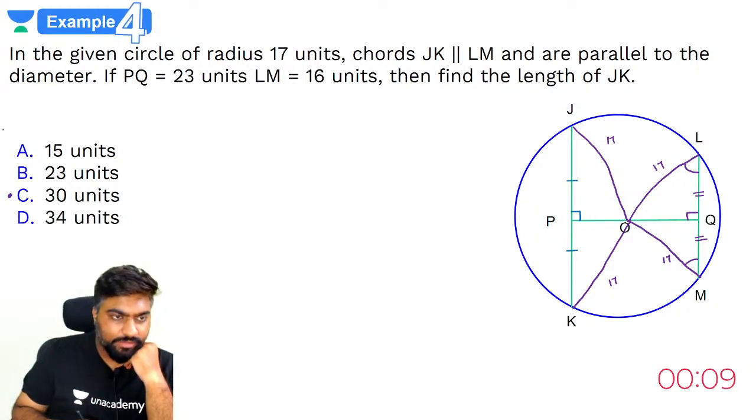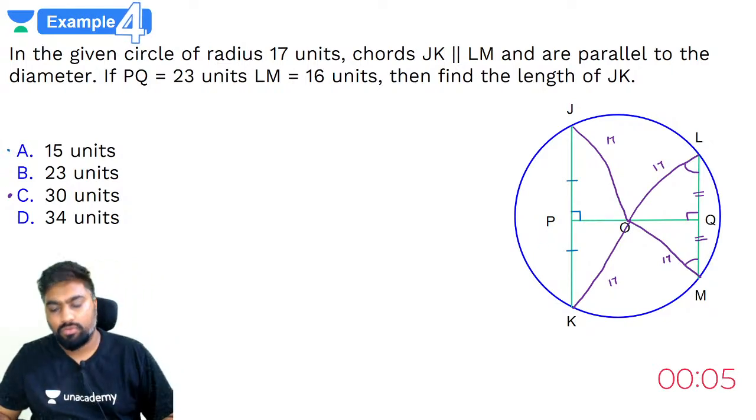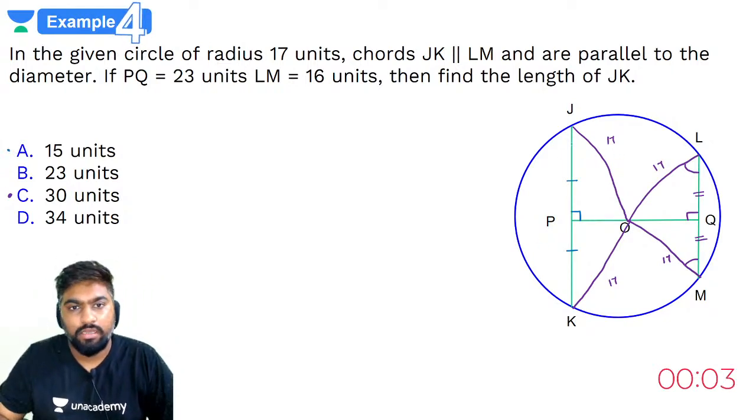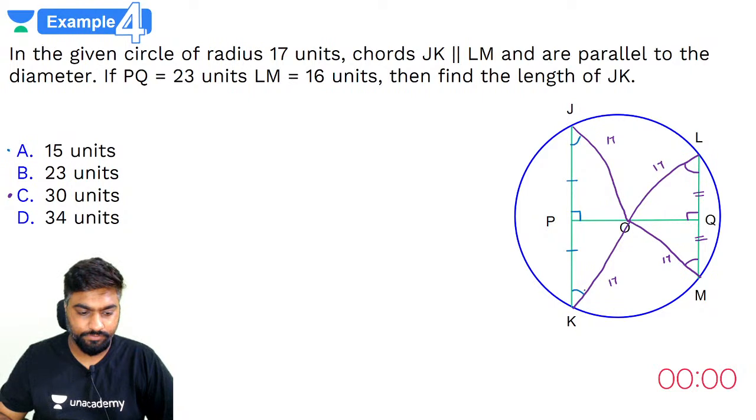Vikas says A. Okay, now these two angles are equal. No, these are similar triangles. OPJ and OPK are similar to each other, congruent basically.